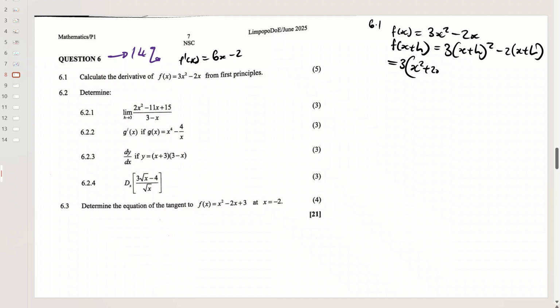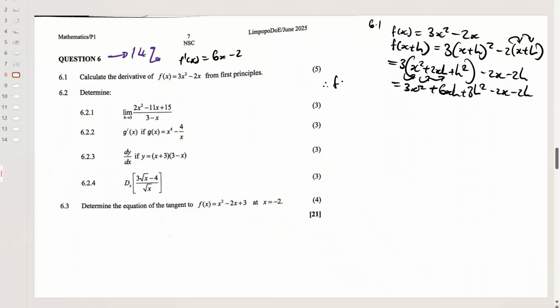You'll have x squared plus 2xh plus h squared minus 2x minus 2h. When you distribute the negative 2 and the 3 inside, you'll have 3x squared plus 6xh plus 3h squared minus 2x minus 2h.